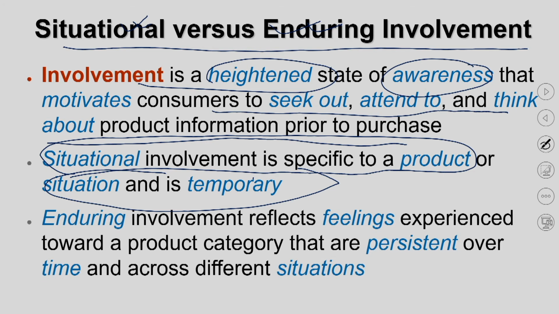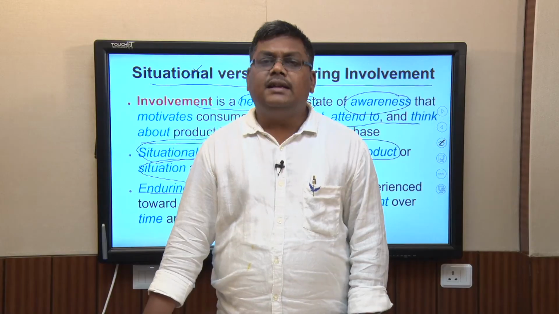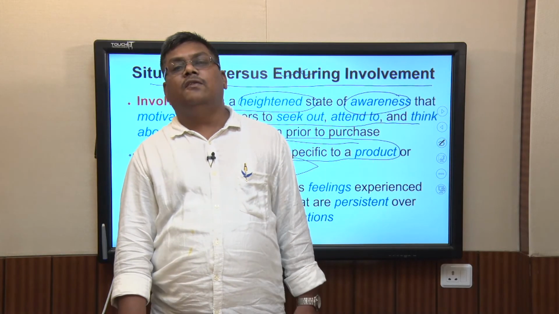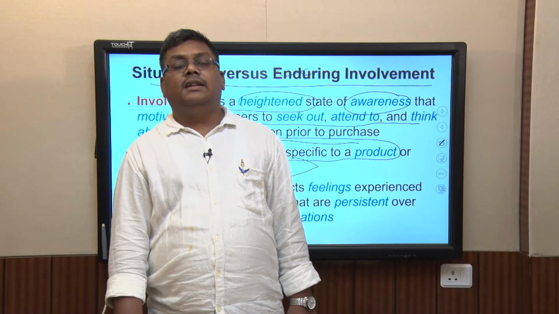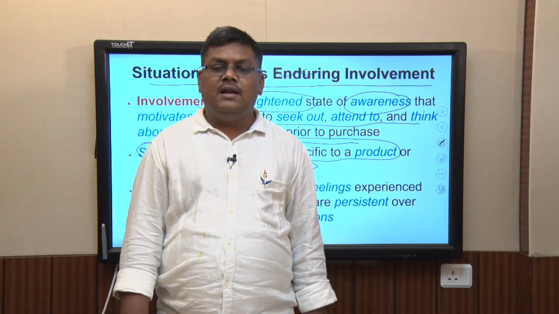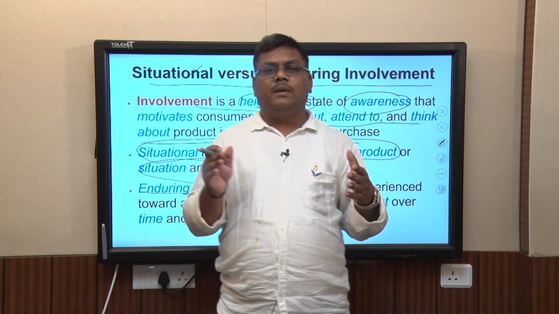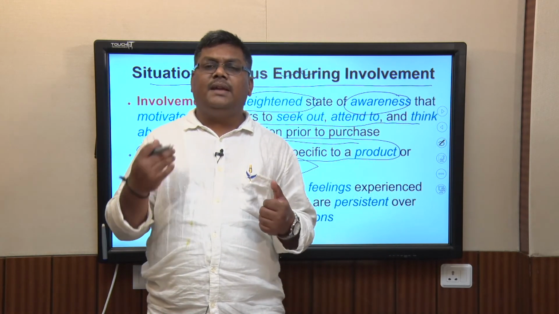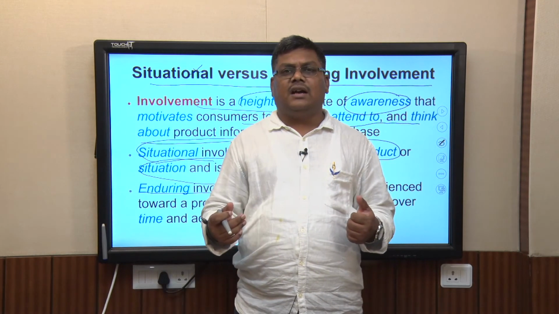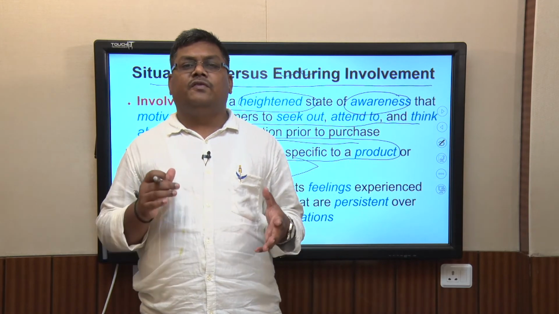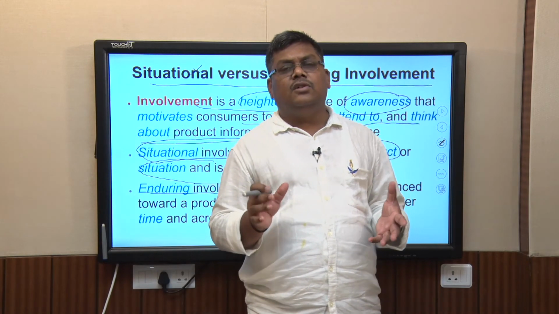And then there is enduring involvement. Somebody who has great interest in cars, who has a habit of riding cars, for him the red Porsche is no more situational involvement. For a honeymoon-going person, the red Porsche is situational involvement, but for a person who is involved in cars, a mechanic, an enthusiast, the red Porsche is more like enduring involvement.